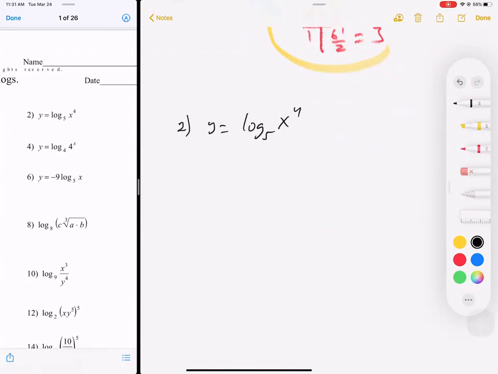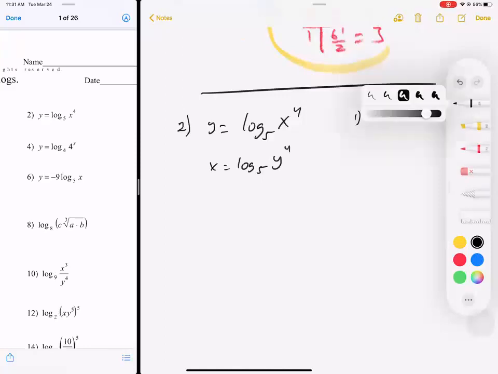So inverse is different than just solving. Inverse makes, we want to write a whole new function that undoes the problem. So we have to follow our rules. Our input becomes our output, and our output becomes our input. So first step, swap x's for y's and y's for x's. X equals log base 5 of y to the 4th power.